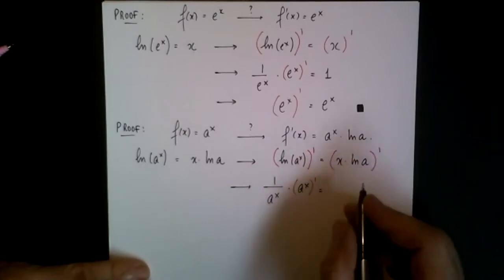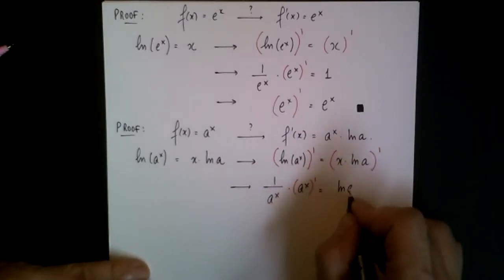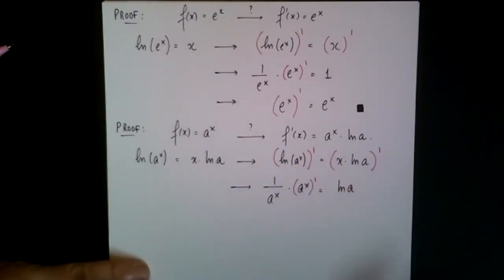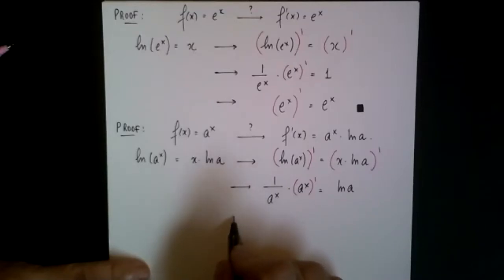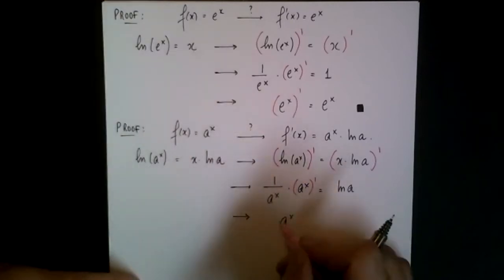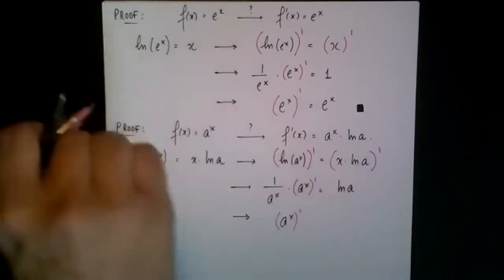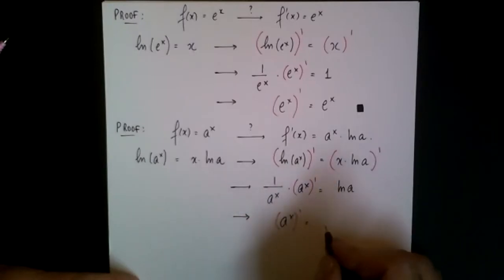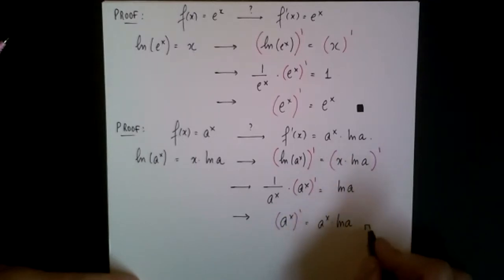Ln a is a constant, so it's just ln a times the derivative of x, which is 1. And so a to the x prime is equal to, if you send the a to the x up here, a to the x times ln a, and I'm done. That's what I needed to show.